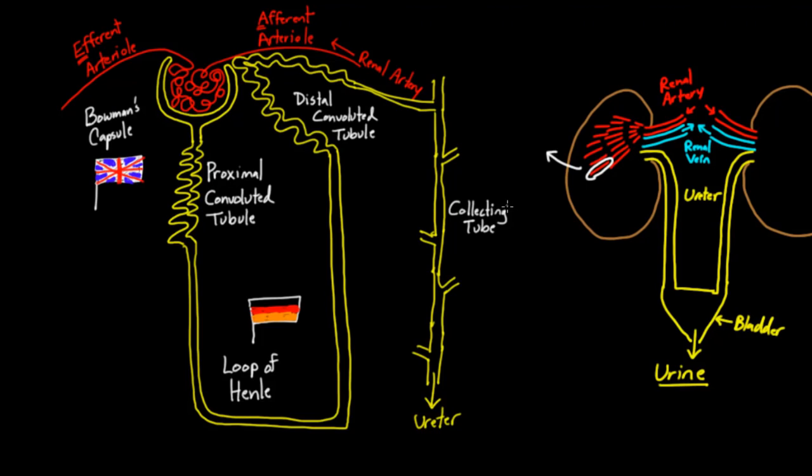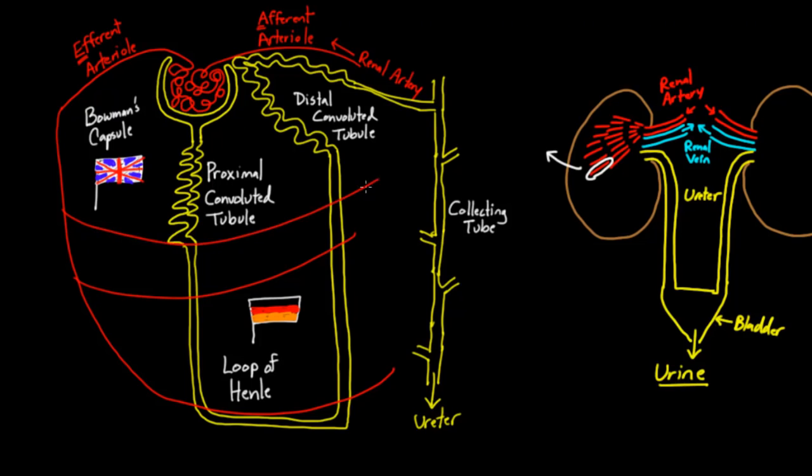You're probably still wondering, where is the renal vein in all this? I mean, I still drew the efferent arteriole as being red and it's got oxygen. So where does the venous blood come from? And the answer is right here. So you basically get red blood or oxygenated blood flowing over all these parts of the tubule.